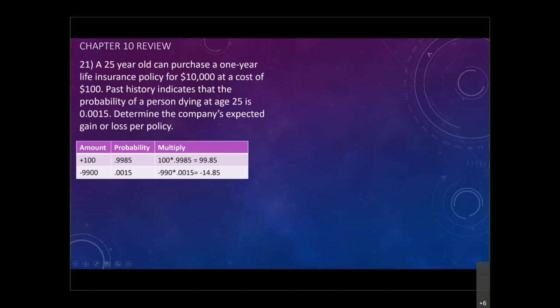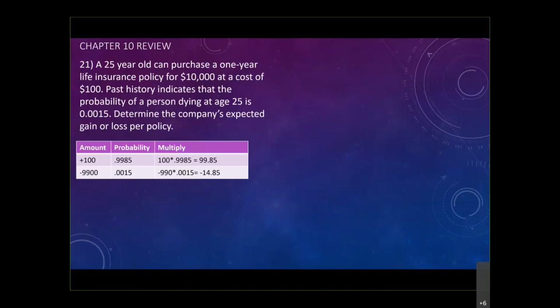Because they give $10,000 to my family because I'm dead, but the $100 was my money. So the company not really lose $10,000, they only lose $9,900. So what you have to ask yourself is, what is the net gain or net loss? If they gain, $100. If they lose, the net loss here is $9,900.